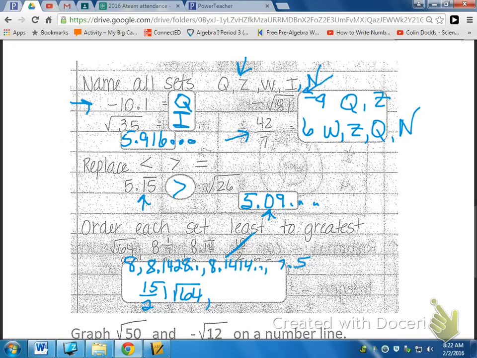Okay, when we look at the last two, we've got to go all the way to the thousandths place to determine because they both are 8.14, but this one has a 2 where this one has a 1. So if I'm going least to greatest, we're going to do 8.14 repeating and then finally 8 and 1/7. So you're going to have to divide all those out or write those out with as many decimal places as you can. Okay, questions about that?